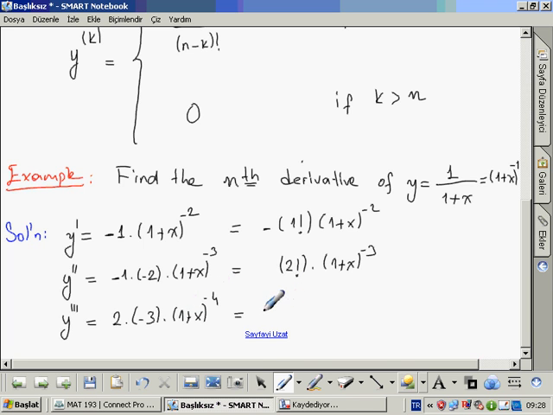So we can say minus 3 factorial times 1 plus x to the power of minus 4.